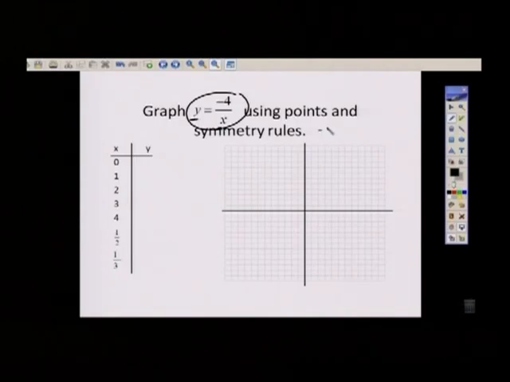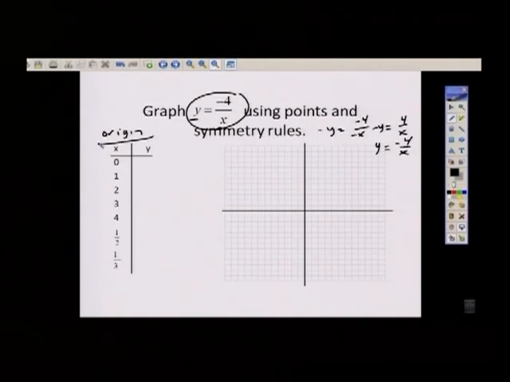But if I put in the opposite of x and the opposite of y, and then multiply both sides of that equation by negative 1, I would get the exact same equation that I started with. So that tells me it is symmetric with the origin.